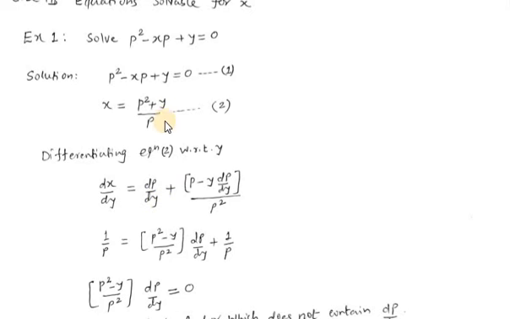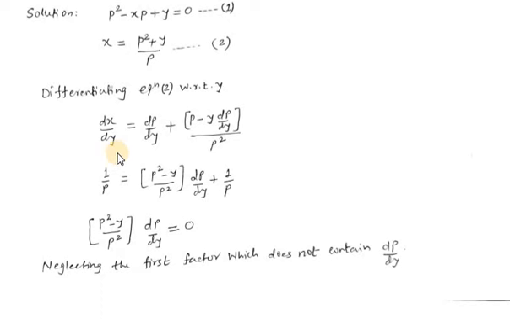Then after plus y by p, and we have to differentiate y by p with respect to y, and for that purpose we will apply divide rule for differentiation. So p will be as it is, multiplied by derivative of y with respect to y, answer is 1. Then after minus y as it is, multiplied by derivative of p with respect to y, that is dp by dy, and divided by p square.